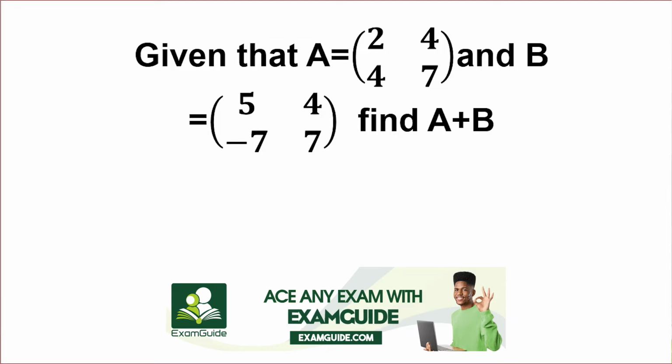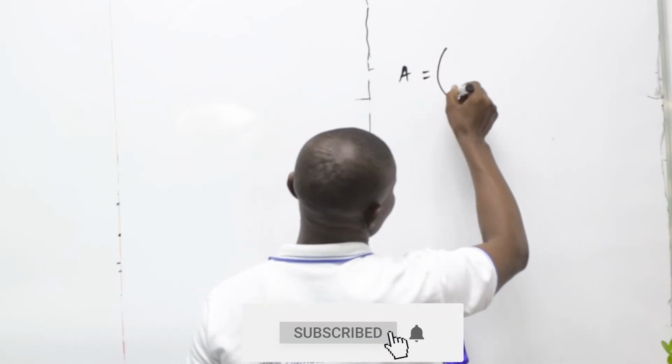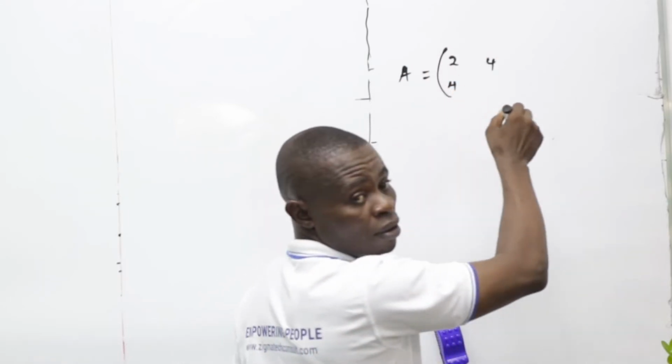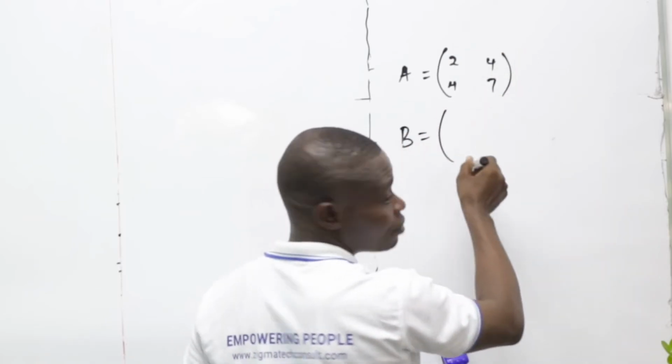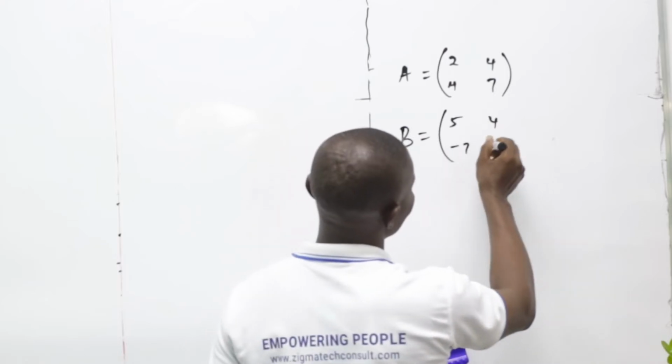The matrix given to us is just this way. I have matrix A equal to 2, 4, then 4, 7. Then B, I have 5, 4, minus 7, and 7.